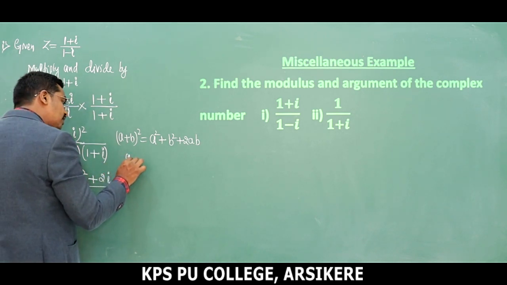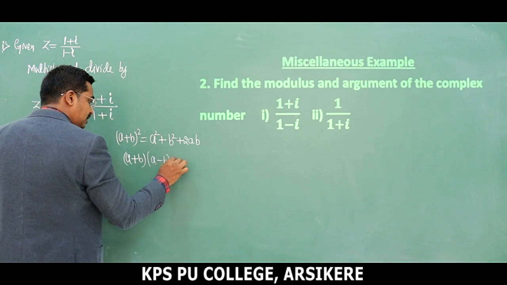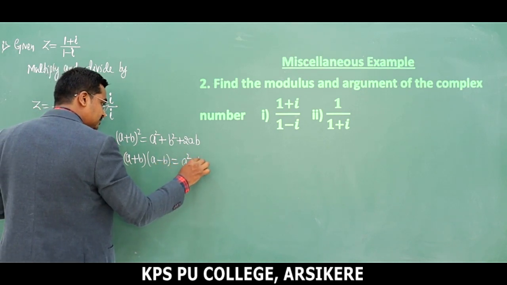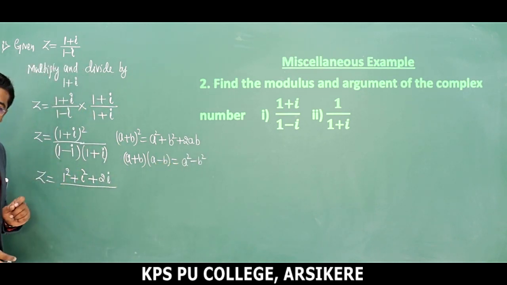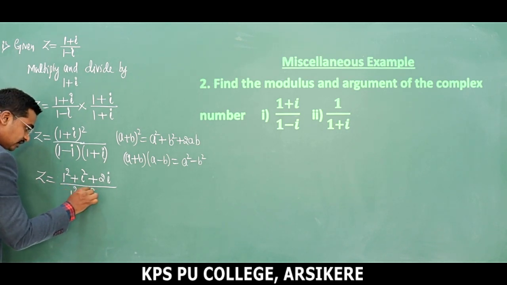We have the formula for a plus b into a minus b is a square minus b square, that is the compact form. So this reduces as 1 square minus i square.